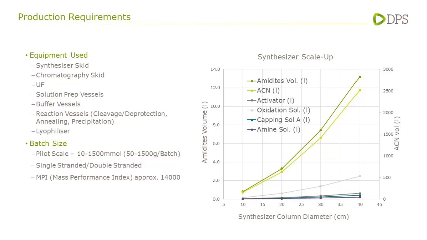The high usage of solvent as a proportion of the product produced is a concern within the oligonucleotide industry, and this is referred to as the MPI, the Mass Performance Index, which is the mass of solvent required in kilos to make 1 kilo of product. And as values can be typically up as high as 14,000, it can be seen why there is a focus at the moment on reducing this.